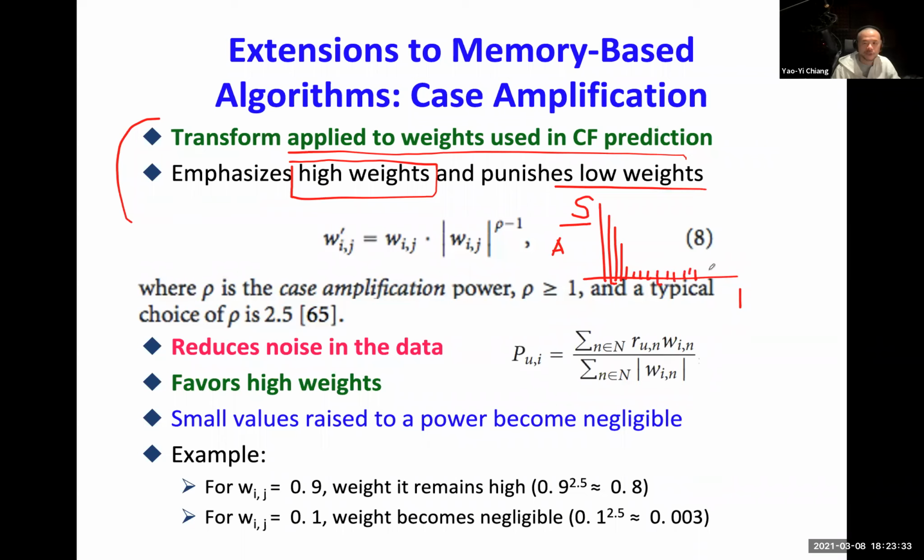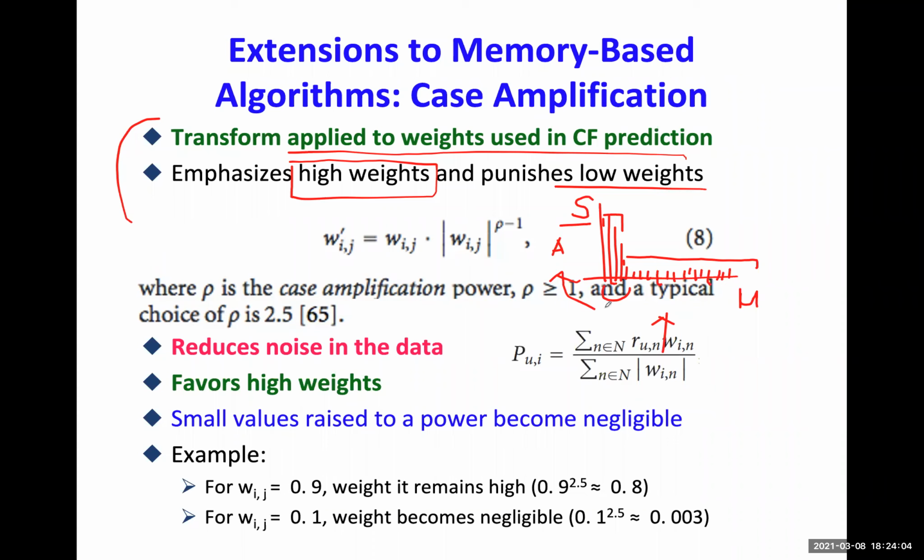So what does this chart tell you? This tells you that you have all these users that are very similar to user A, right? So their values are pretty high. But you have a long tail. You have many users that are not that similar. And this can be a challenge for your collaborative filtering method because you need to pick a K. For example, let's say your K is 150 users, then it might be something like this.